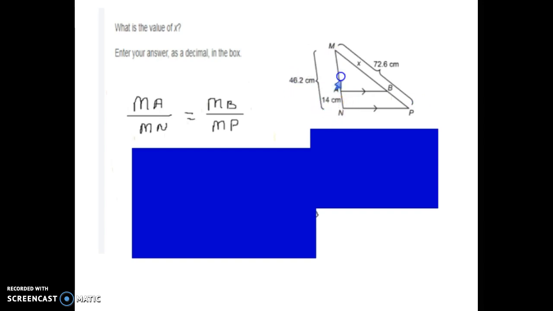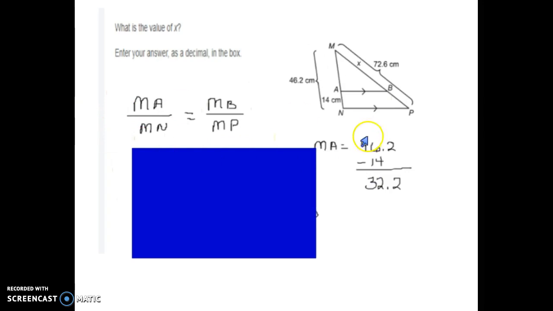We can use the segment addition postulate, and we can find MA by simply subtracting 46.2 minus 14. So now we know this segment, MA, is 32.2. And now we just have one variable to find our answer here.